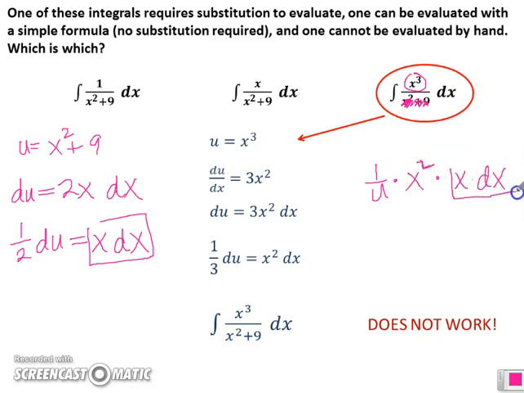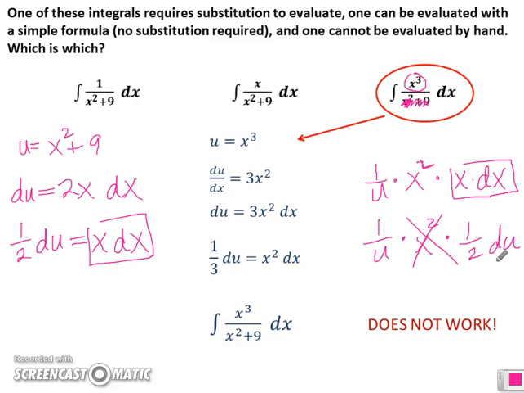And this would be my 1/2 du right here. So it would end up being 1 over u. There would be an extra x squared. It wouldn't work out. I can't have any extra stuff. Everything has to have a spot and be completely replaced. So this is the one that cannot be evaluated by hand.